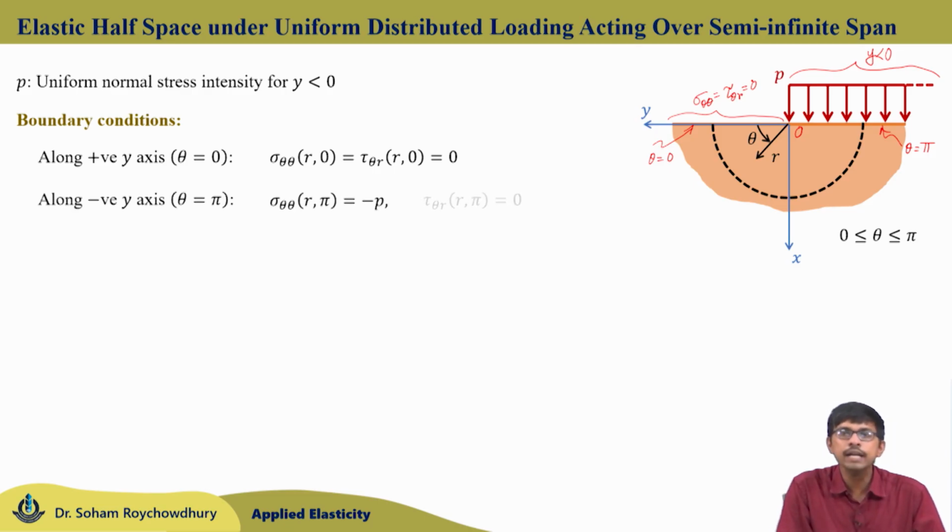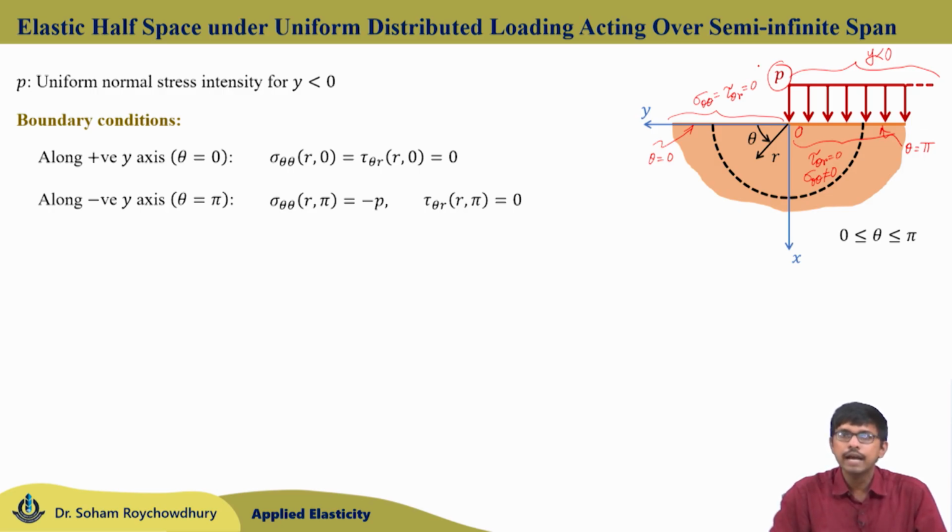Now, if you look at the negative y axis, that is theta equals pi, the right half of the problem, for that the shear traction tau theta r is 0, but sigma theta theta is non-zero due to the presence of this load P. So, tau theta r (r, pi) is 0, but sigma theta theta (r, pi) is minus P. Now, why minus?